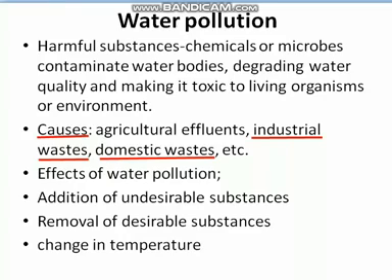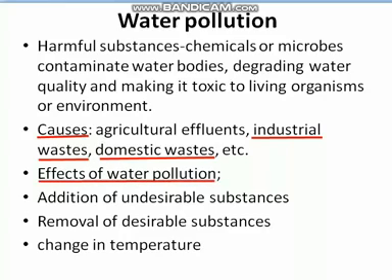And when these domestic wastes are directly introduced into different water bodies, they also add to the problem of water pollution. There are also other causes of water pollution, but these are the main causes which account for a lot of this problem.